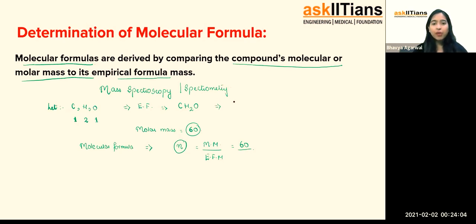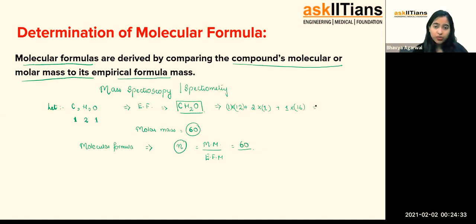So empirical formula mass would be the mass of this formula. In this formula, we have 1 carbon atom, so 12 mass. 2 hydrogen atoms, so 2 into the mass is 1. And 1 oxygen atom, the mass is 16. Right?